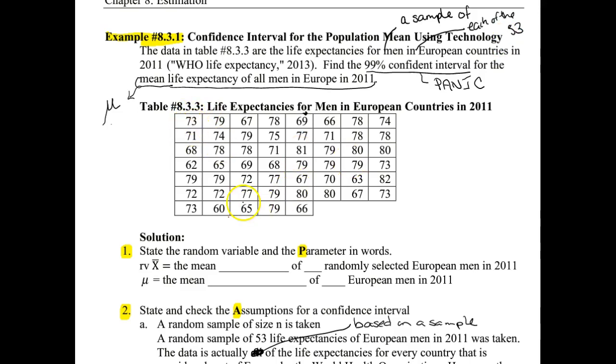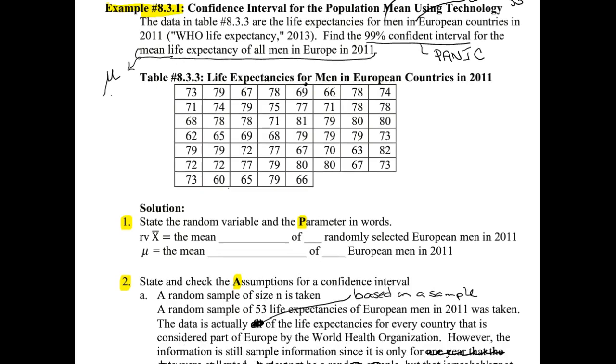So this is actually a bunch of sample means instead of individuals within the data set to begin with. But we want to use that data now to try to help predict the mean life expectancy for all men in Europe back in 2011. And again, we could look at sample data today to see if that has changed since then.